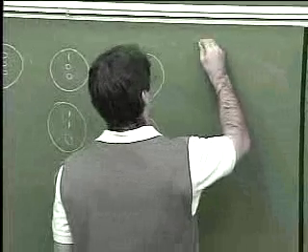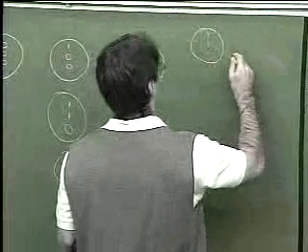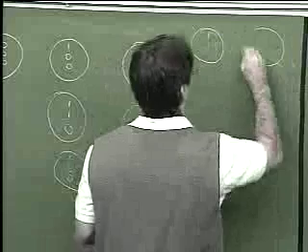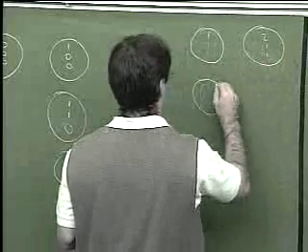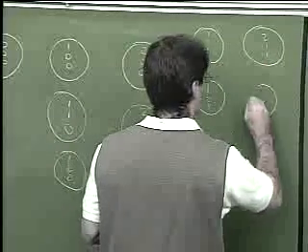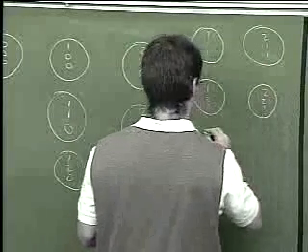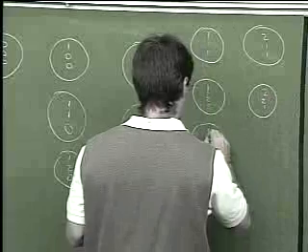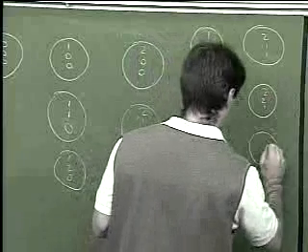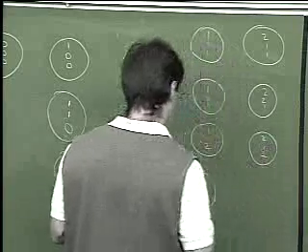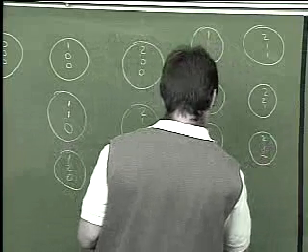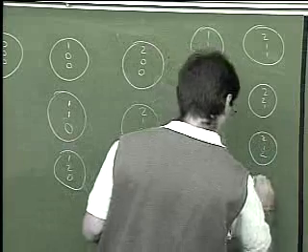So let's see. We have 1, 1, 1, 2, 1, 1, 1, 2, 1, 2, 2, 1. 1, 2, 2, 1, 2, 1, 2, 2.